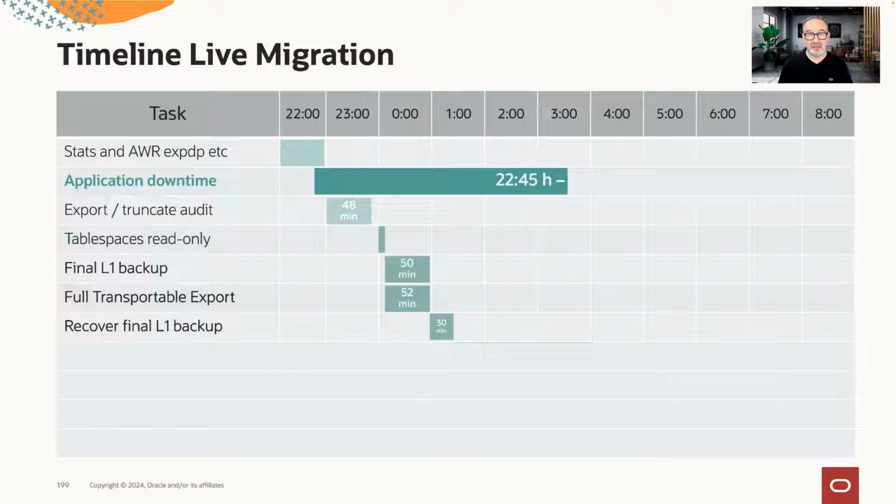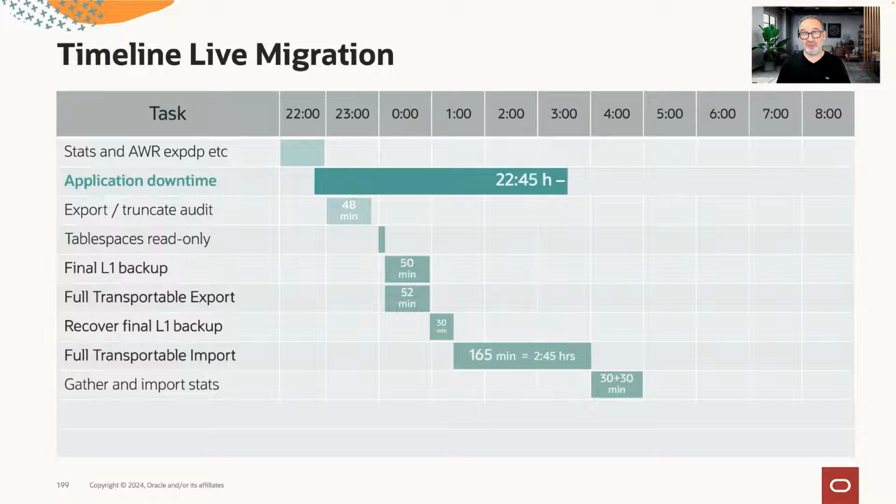The final level 1 backup takes approximately 30 minutes, and then it was also recovered on all the standby sites. And then the full transportable import got started, which took 165 minutes, 2 hours 45. After the import completed successfully, we started collecting dictionary and fixed object statistics, and we imported the statistics.